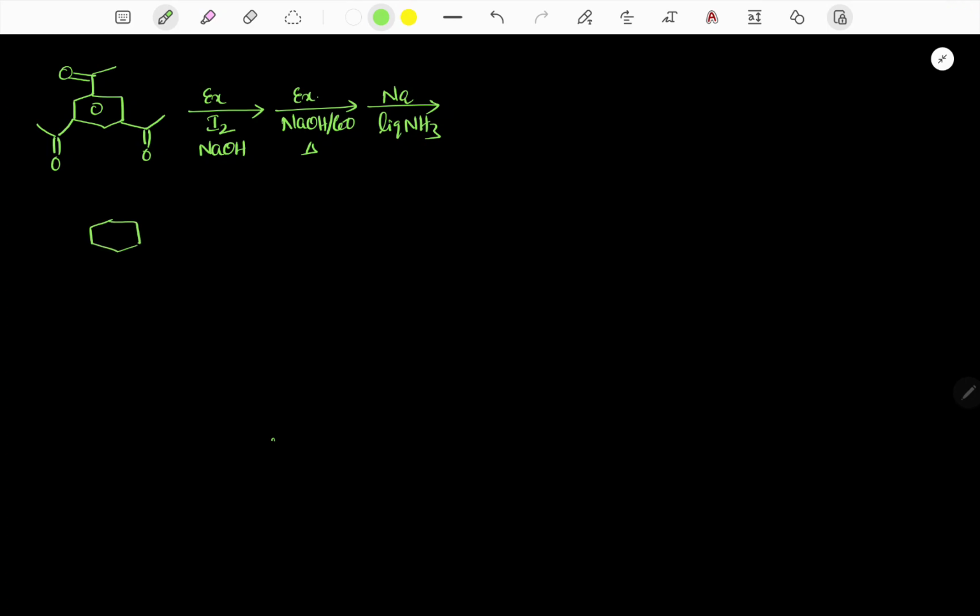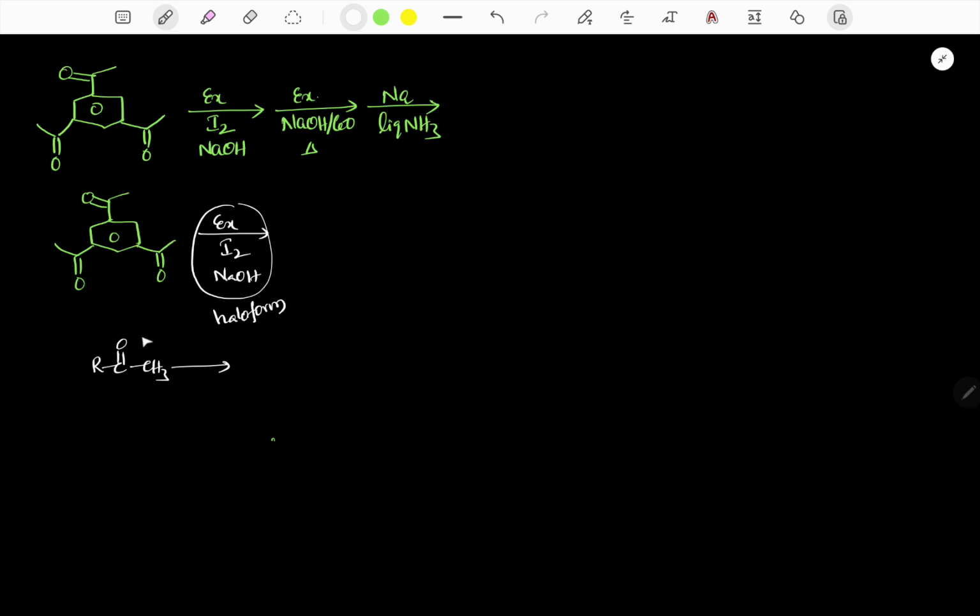The reactant has three ketone functional groups: first ketone, second ketone and third ketone. Now the ketone is treated with excess of I2 and NaOH. When I see this reagent and ketone, immediately we should think about the haloform test. In the haloform reaction, the ketone undergoes the reaction and gives the corresponding product RCOO minus and CHX3.